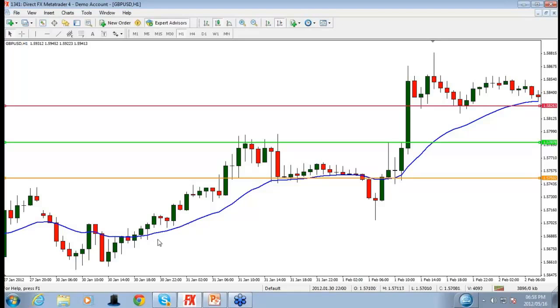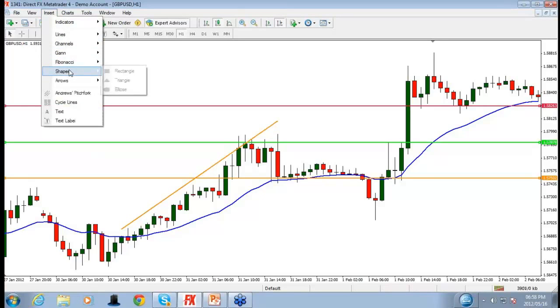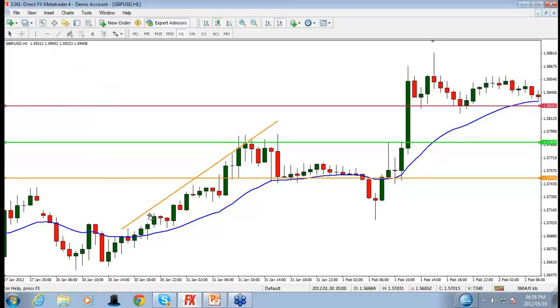You can see this is an uptrend, and I found my pin bar right here. Can you see there's my bullish pin bar? Can you see that it finds support on this line? It was testing this line and it was unsuccessful.